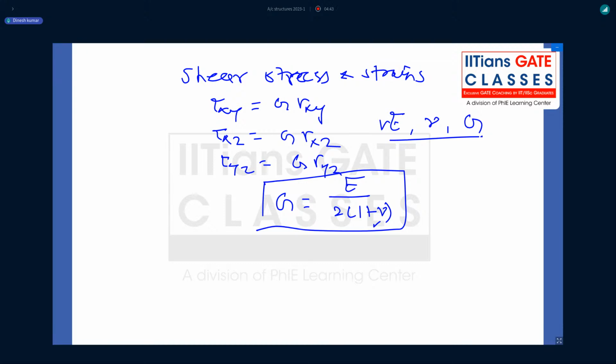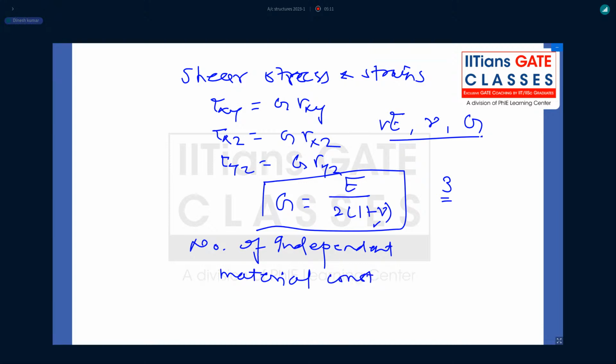So is it clear, guys? How many independent constants are required? The total number is 3, but the number of independent material constants is only 2 for isotropic material.